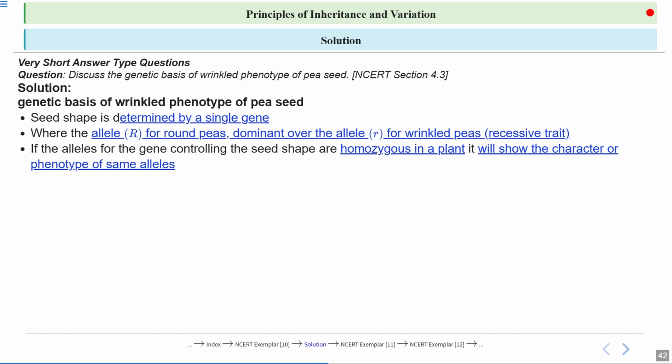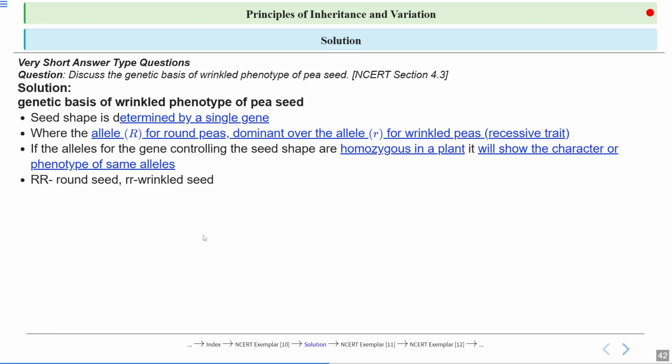If the alleles of the gene controlling the seed shape are homozygous, then what will happen? It will show the phenotype of the same alleles. So, for example, capital R, this is a homozygous condition. These seeds will be round.